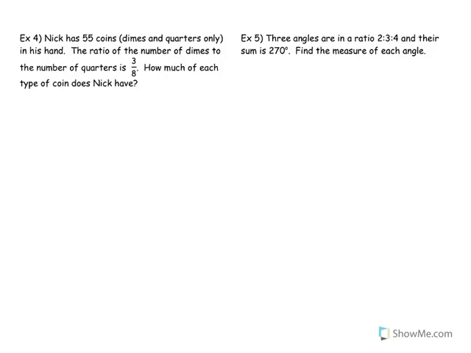So Nick has 55 coins, dimes and quarters only, right? So he has 2 different coins, but he has a total of 55 in his hand. The ratio of the number of dimes to the number of quarters is 3 to 8. So the 3 is representing the dimes, and the 8 is representing the quarters.